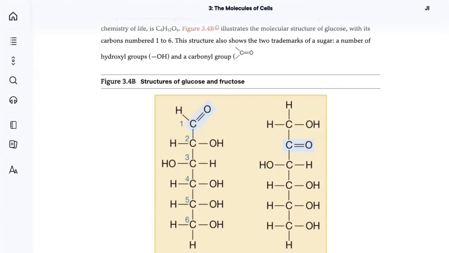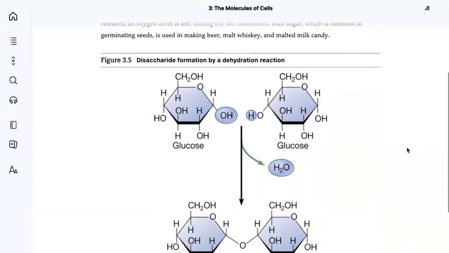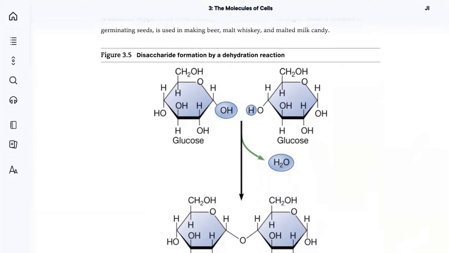And so now we're going to be moving into the next part of chapter 3, which is going to be talking about the way that 2 monosaccharides link together to form a disaccharide. And again, this is going to be a review, so we're not going to belabor this. We actually did this in detail in the previous lecture. We said that when you look at the glucose, these are glucose molecules drawn out in full glory. There's a water molecule that comes out.